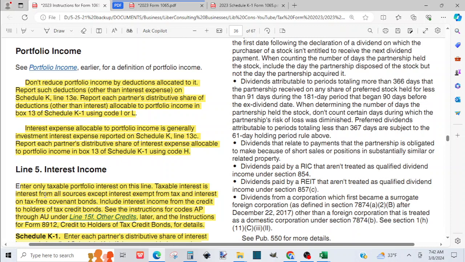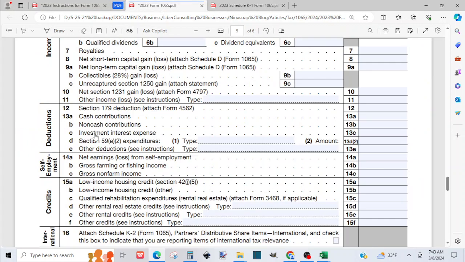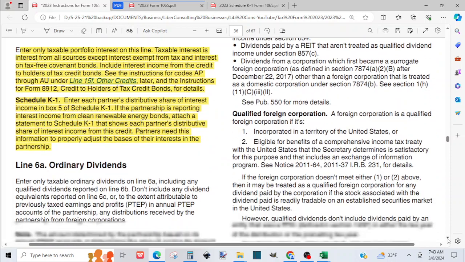But interest income, they are all interest sources except tax exempt and so forth. So I'm not going to, but it will go on line 13C. That will be the interest income, and on line 13E will be other portfolio income, and portfolio income will include royalty.